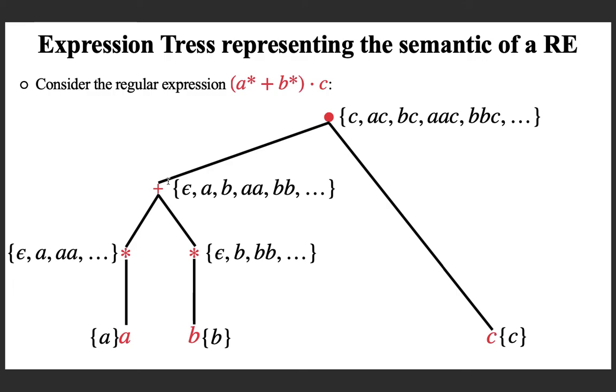This is the expression tree for this regular expression, and the language is epsilon concatenated with C, followed by A concatenated with C, followed by B concatenated with C, and likewise it goes. So if you are given a complex regular expression and asked to identify the language, this is a systematic way for you to identify what that language is.